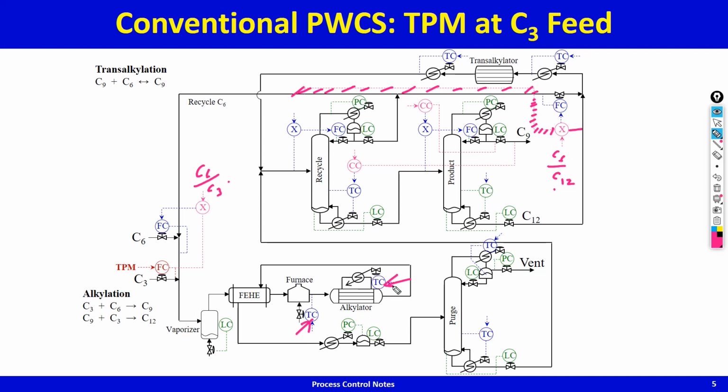In that case, it could happen that the amount of C12 that you need to recycle blows up too much. Maybe this valve becomes fully open, so C12 is accumulating, but you can't make it flow. So then the only option is that you have to reduce the C12 being generated in the alkylator, in which case you'll have to put in a loop here.